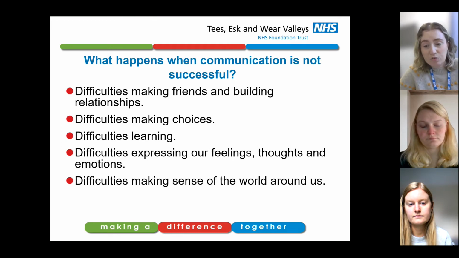That could be difficult for that person. And they might have difficulties making choices. And that could be really simple choices, like what are they going to have for dinner? Or it could be really important choices, like where am I going to live? What's my care going to look like? So throughout the levels, that could have a big impact on their life.